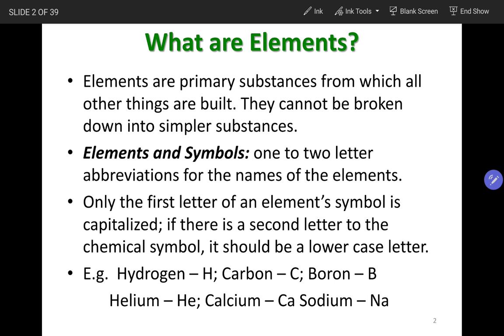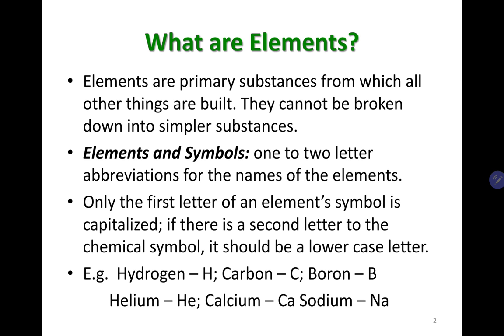Okay, so in this chapter, the first thing that we are going to discuss is the term called elements. So in this particular slide, we will try to define the term called elements. So elements are actually primary substances. They are the primary substances from which all other things are built.